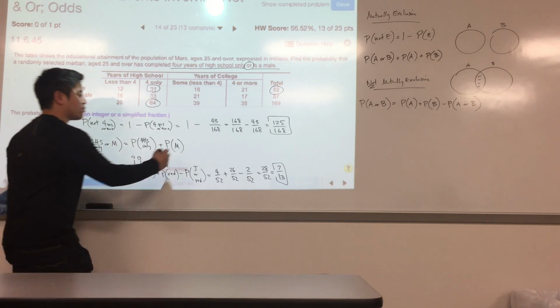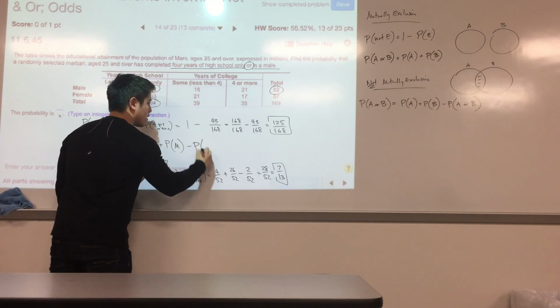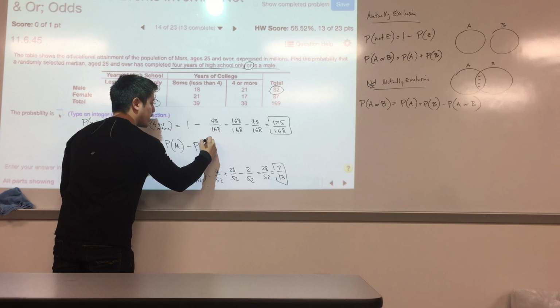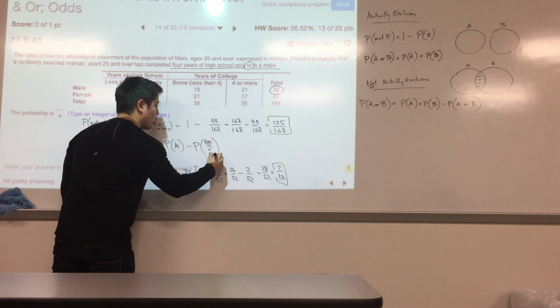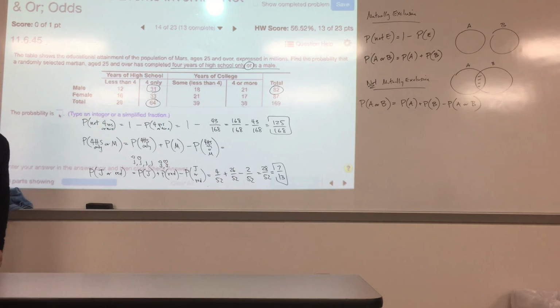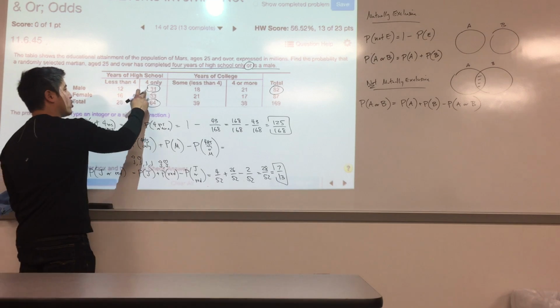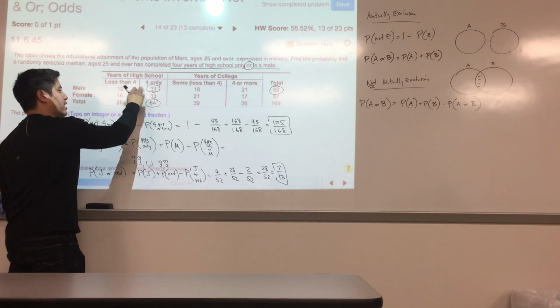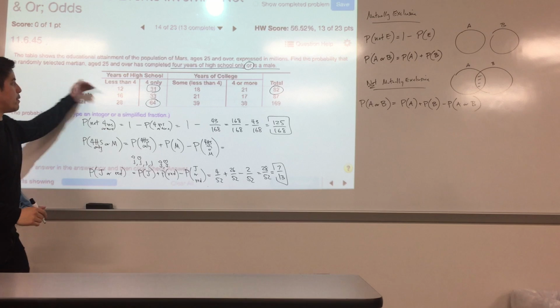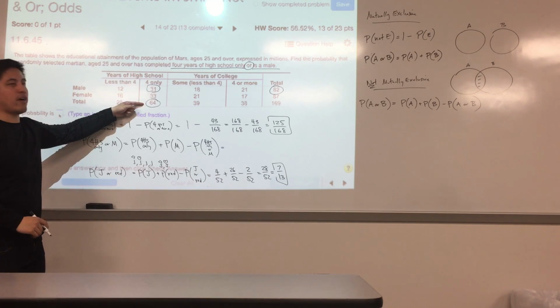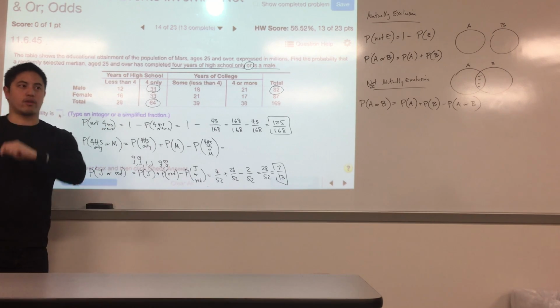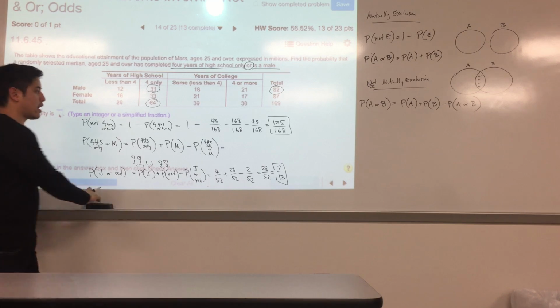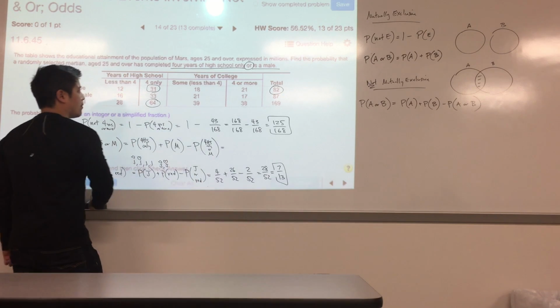If you don't subtract, you will double that area. You only want to count these 31 people who are males and who had 4 years of high school only once. Okay? So this is not mutually exclusive.